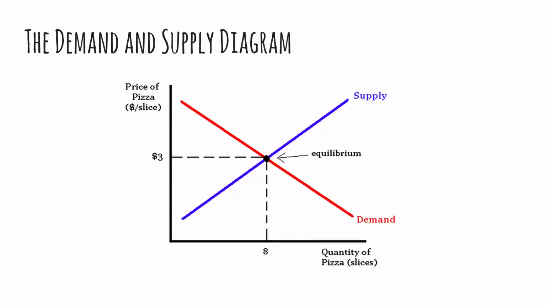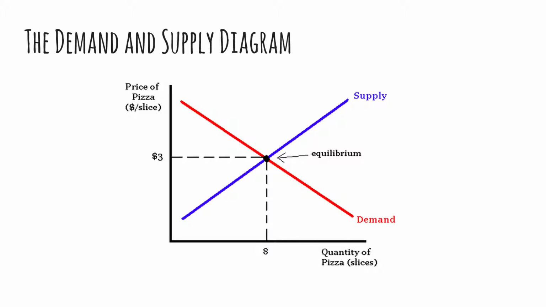This is the demand and supply diagram. The basic theory of economics is that there will always be demand and supply, and that these two curves will intersect, making the equilibrium, which is also known as the invisible hand. As seen within the diagram, this is just an example to explain a theory.